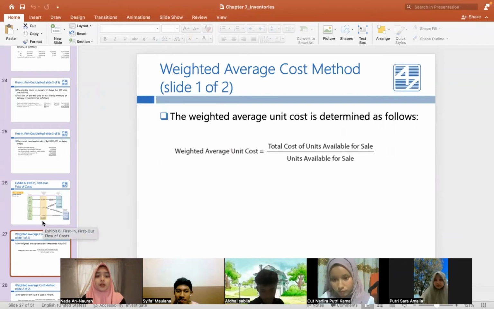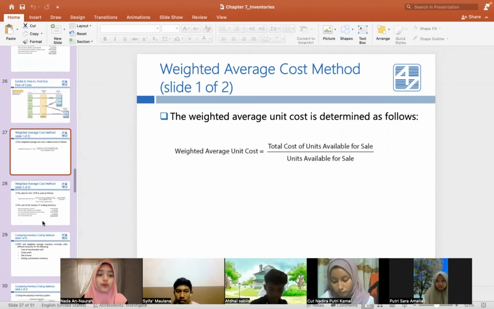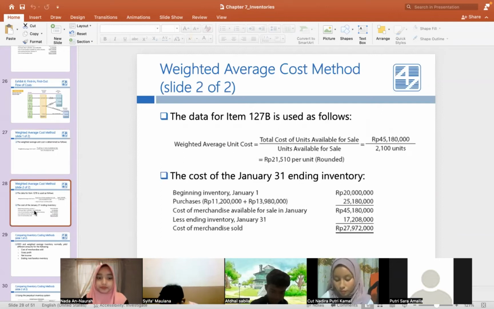And here we learn about weighted average cost method, or usually we call it WA, and how to find the answer by weighted average unit cost, total cost of units available for sale per units available for sale, and the data for item until we got 21,510 per unit. And this is also an example.